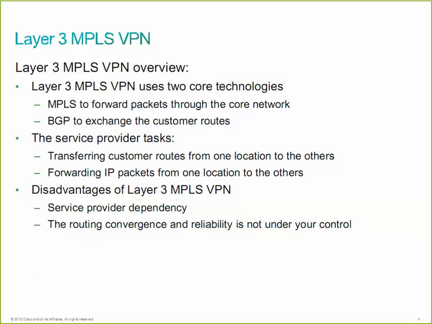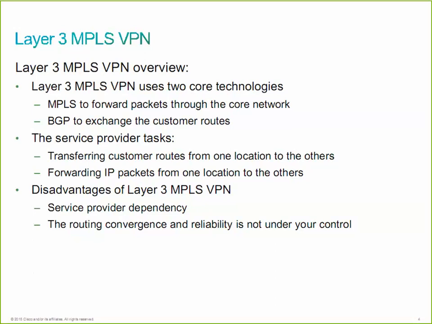The solution itself, if we extract or remove the client-side components, uses two core technologies. MPLS is used to forward the packets through the service provider core. So we're not running MPLS at the customer side. We're not even really running MPLS at the provider edge side of the router, although that's where the initial MPLS configuration takes place.